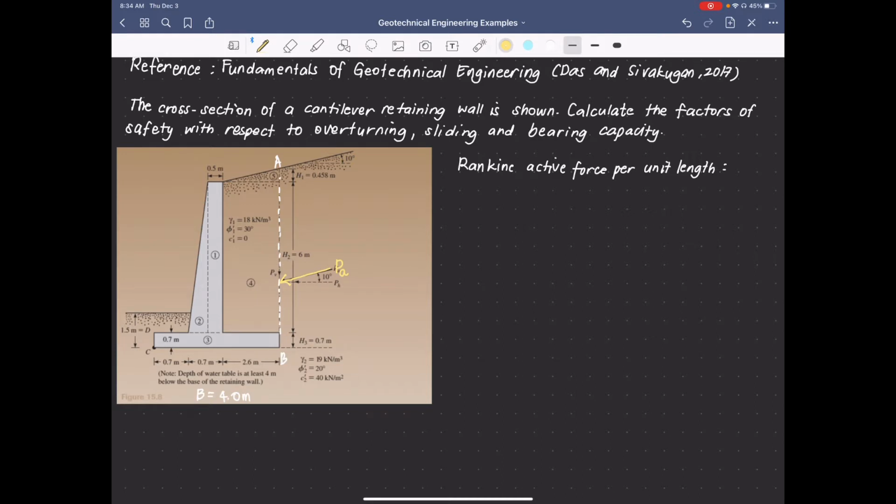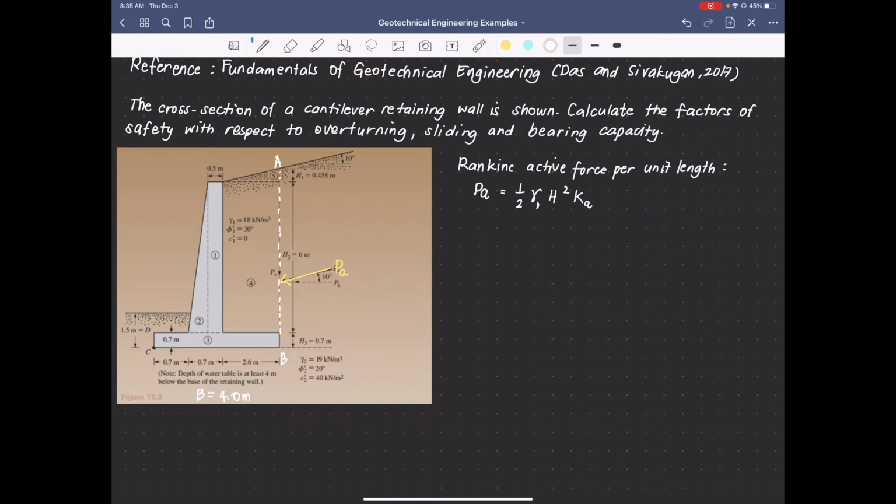And to determine that P sub A, we can use a formula. Our formula from the lateral earth pressure is one half of unit weight gamma 1 for the soil, H squared, and then the coefficient of active earth pressure, K sub A. But we have the total height is H1 plus H2 plus H3.